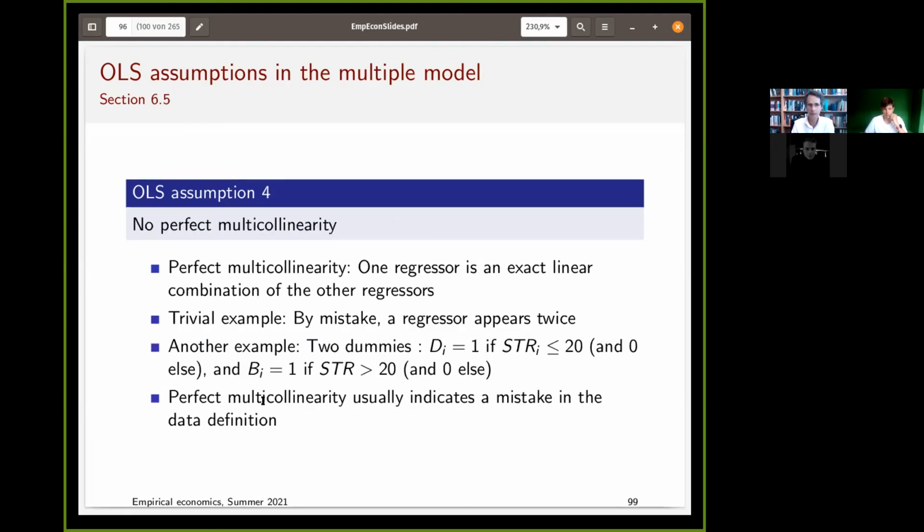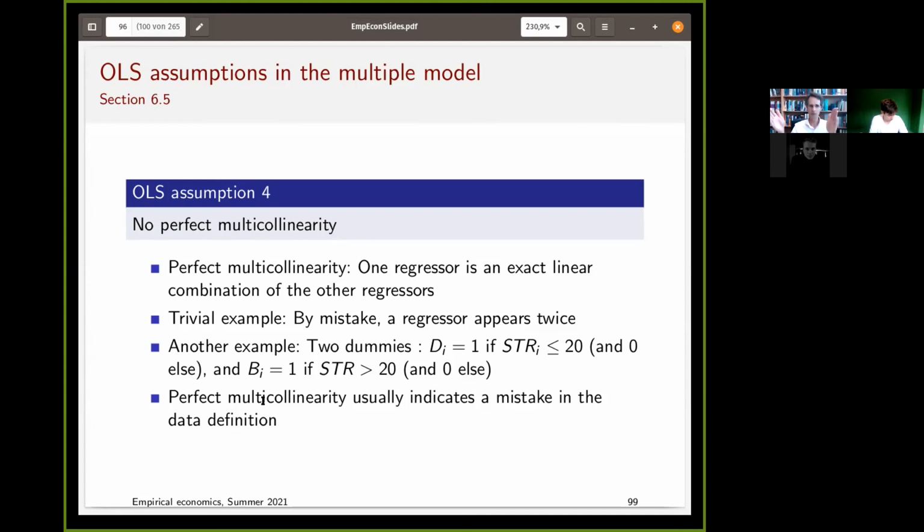And the new assumption is assumption number 4, and it tells us that there's no perfect multicollinearity. Perfect multicollinearity means that one regressor is an exact linear combination of the other regressors. So linear combination, remember that. A linear combination is if you have a number of vectors, or in this case regressor values, a certain multiple of the first one plus a certain multiple of the second one plus a certain multiple of the third one, and so on.